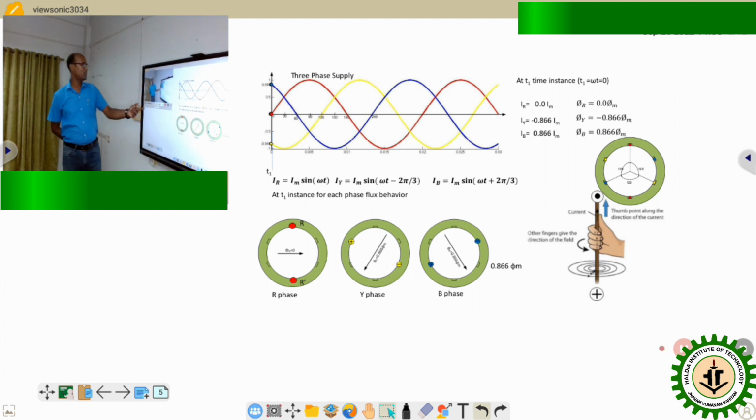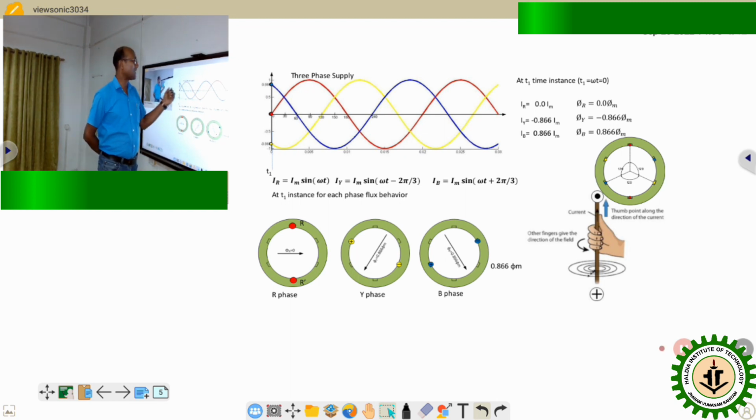Hence all these current waveforms are 120 degrees apart. At time instant t1, putting omega t equal to 0 degrees, we get the currents: IR equals 0, Iy equals minus 0.866 Im, and Ib equals plus 0.866 Im.